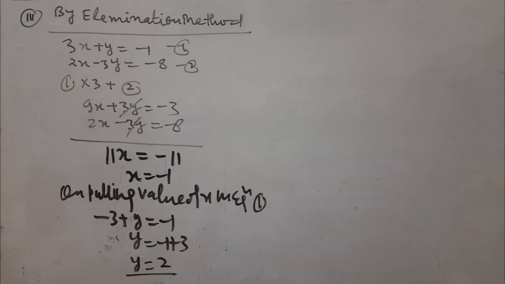On putting the value of x in the first equation, 3 into minus 1, minus 3 plus y equals minus 1. y equals minus 1 plus 3, then y equals 2.